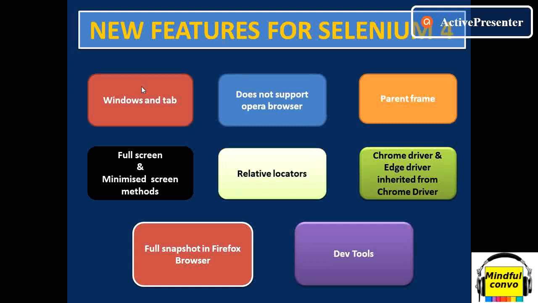These can also be used for performance and page load time issues. You can trigger the DevTools commands by using the driver.getDevTools method, and then you can create the session, but mind that the driver must be typecast into the Chrome driver.